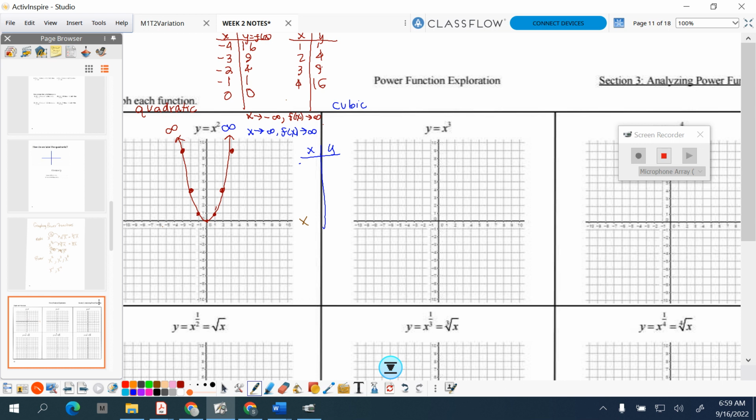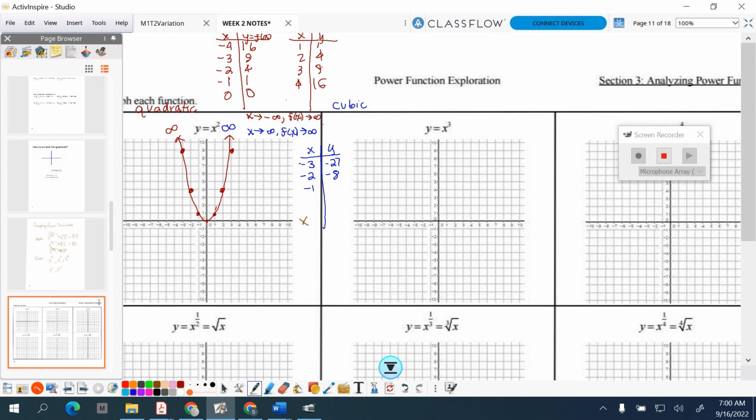So I'm going to keep them relatively small because, wow, they get big really quick. So if I go with negative 3 cubed, I get negative 27. If I go with negative 2 cubed, negative 2 times negative 2 times negative 2 is negative 8. These are all negative, and the x is negative. So very different from that quadratic, and it's something worth noting.